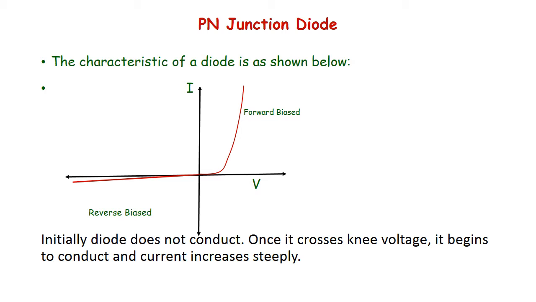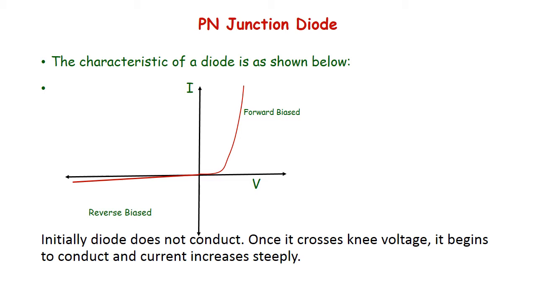Now, if you remember, although we say the diode conducts when it is forward biased and does not conduct when it is reverse biased, you look at the characteristic, it does not start conducting straight away when it is forward biased. If it were a silicon diode, the diode actually starts conducting only after about 0.7 volts.